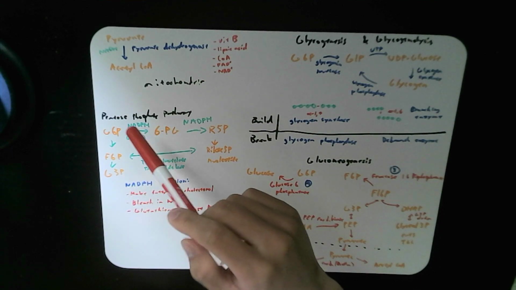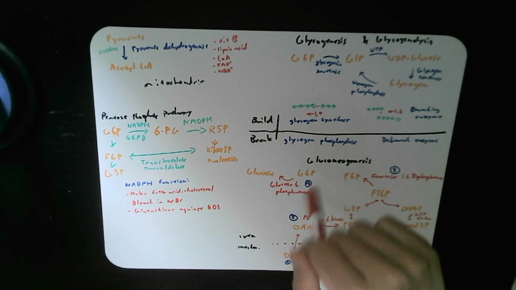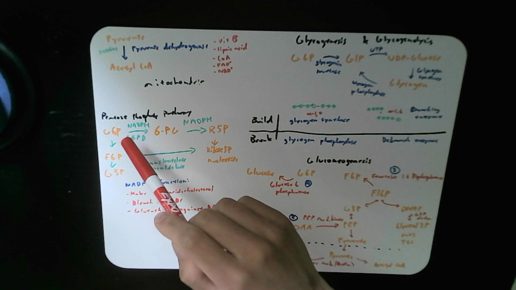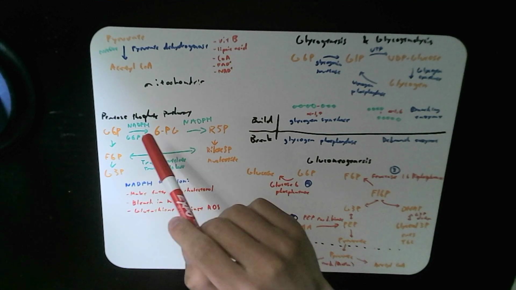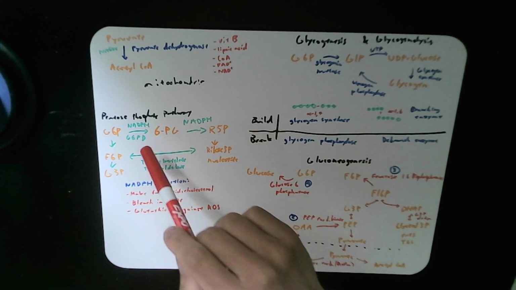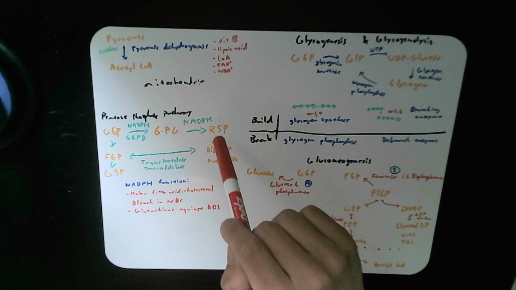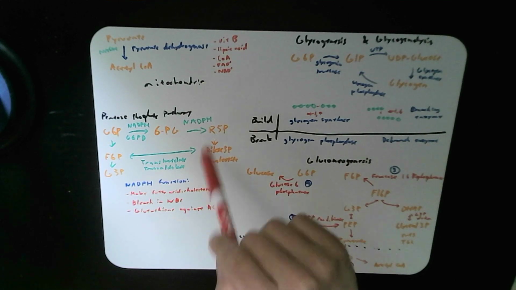So how do we do this? You start from a G6P molecule. So many things start from a G6P molecule. And you turn it into 6-phosphogluconate using G6P dehydrogenase. And then it can be turned into ribose 5-phosphate and into the pathway.